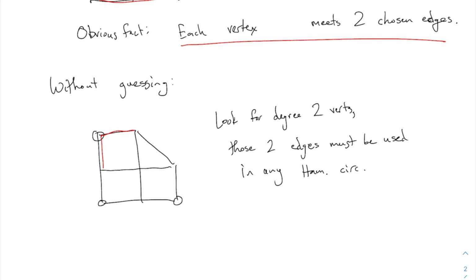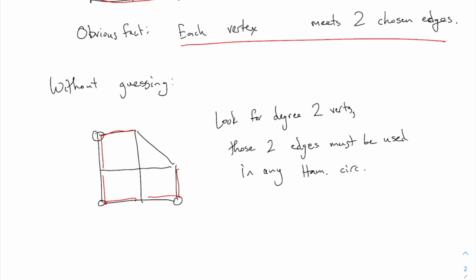It's because the Hamilton circuit has to have 2 edges which meet those vertices. And if those vertices have only 2 edges connecting them, then you got to use those 2 edges. So in this picture, I can immediately say those 2 edges must be used, also these 2, and also these 2. All right? With no guessing at all, you already know what most of the Hamilton circuit has to look like.